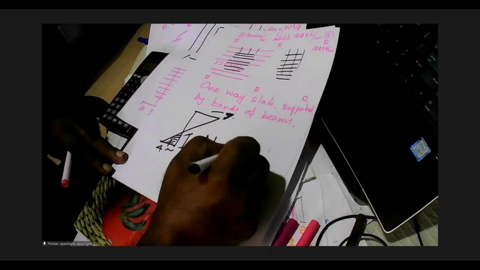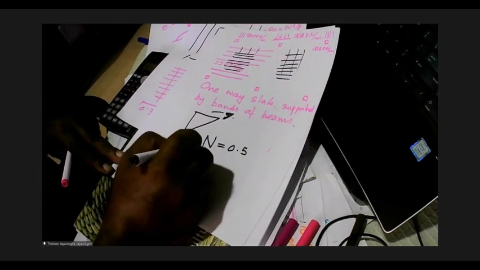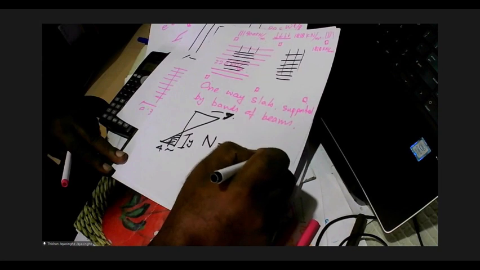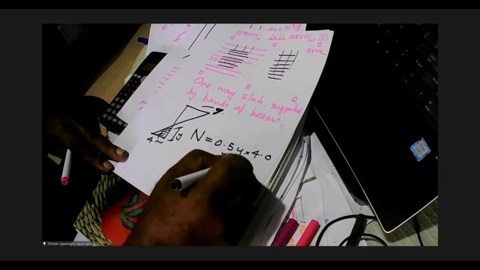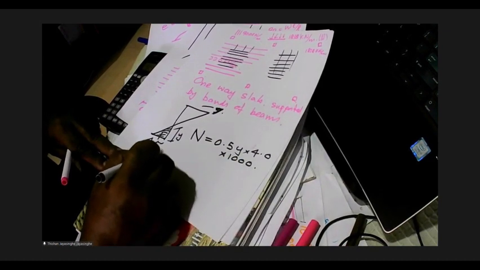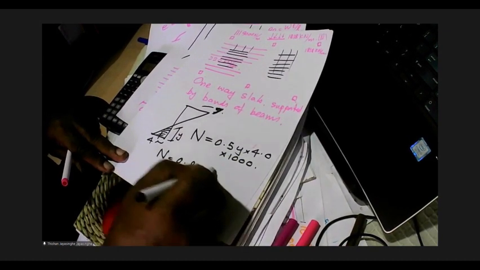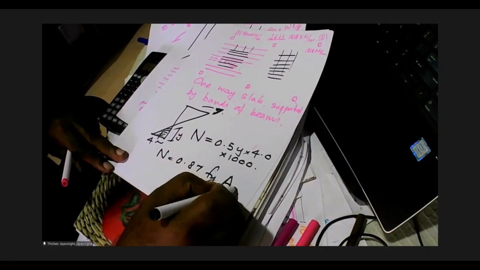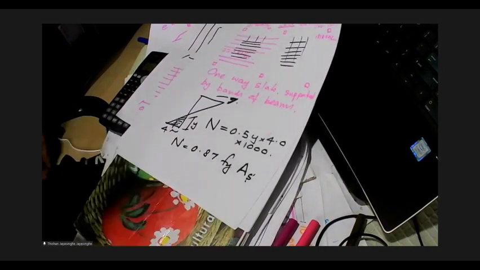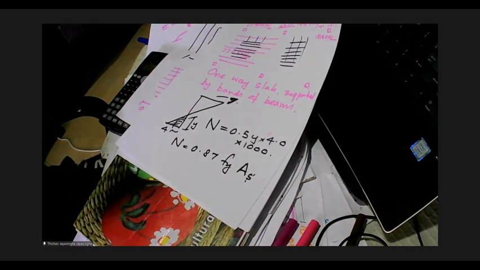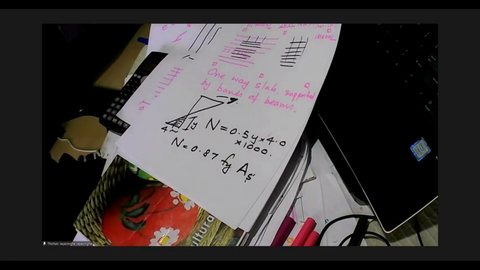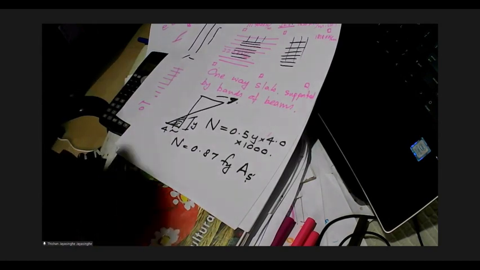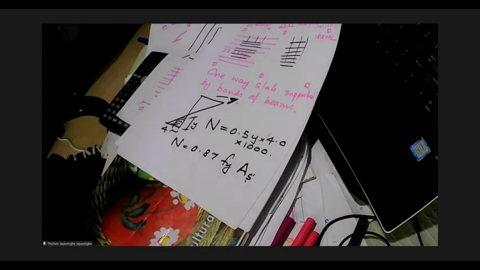N is equal to 0.5 into y into 4.0 into the width 1000, and N is equal to 0.87 fy times area of reinforcement. From this we can find how much extra reinforcement is needed, and we provide that reinforcement. So this is the method that is practiced by Americans. Americans use this method.